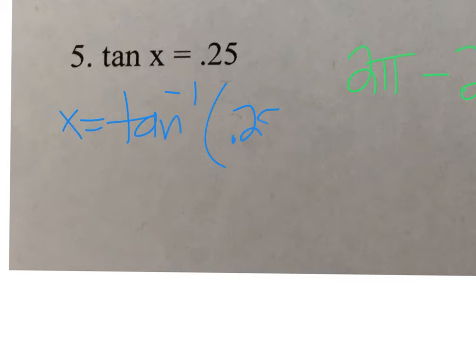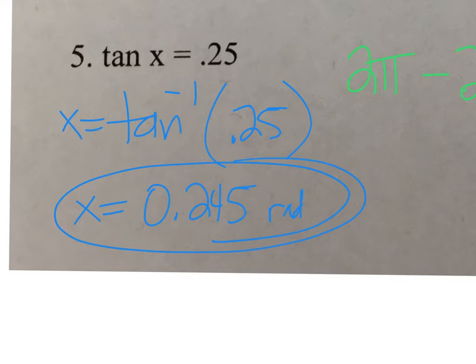And I want to figure out at what angle is the tangent 1/4, or 0.25. So my calculator tells me that that happens at 0.245 radians. That is the first place where the tangent is 0.25.